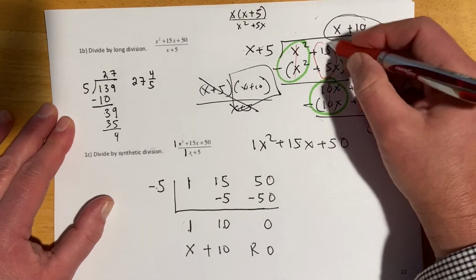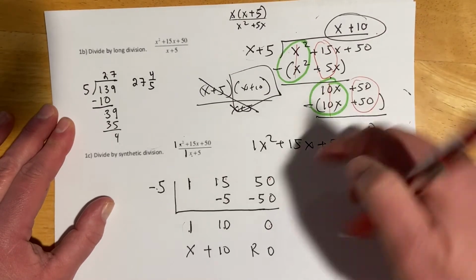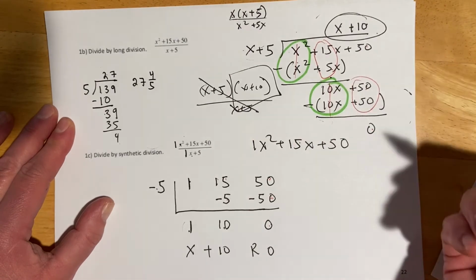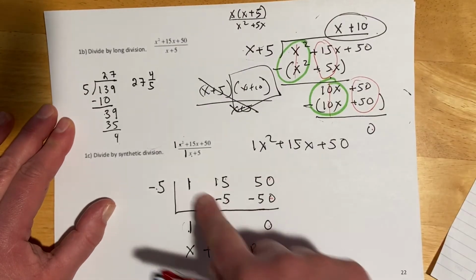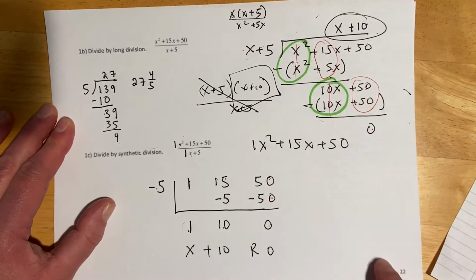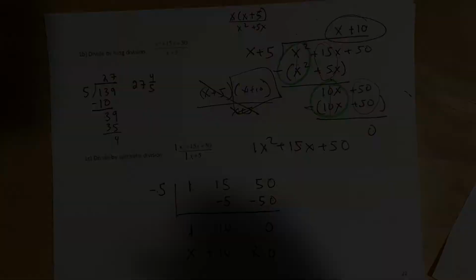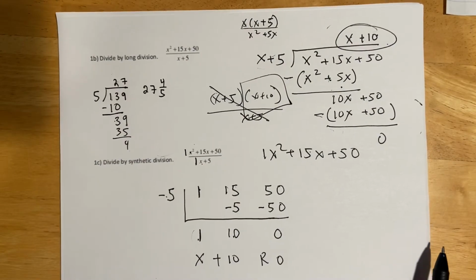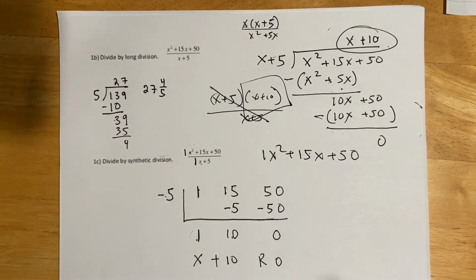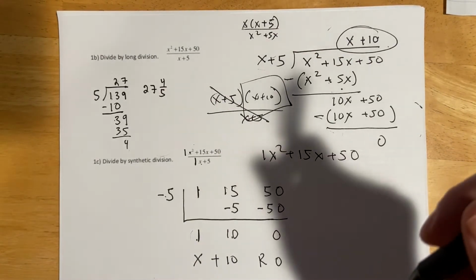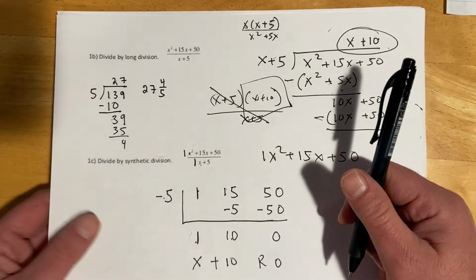So the only math that's being kept track of is these two pieces that mattered, not the pieces that just cancel. So that's why this is so much shorter than this over here. So both methods have their place, and I will do some more examples here of each version.